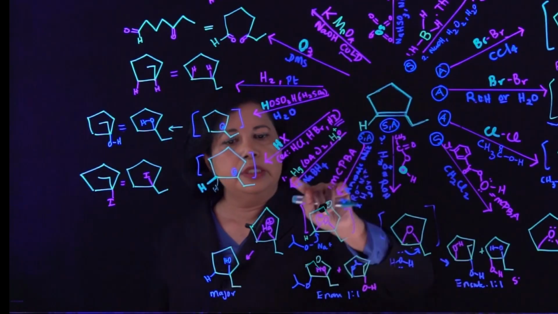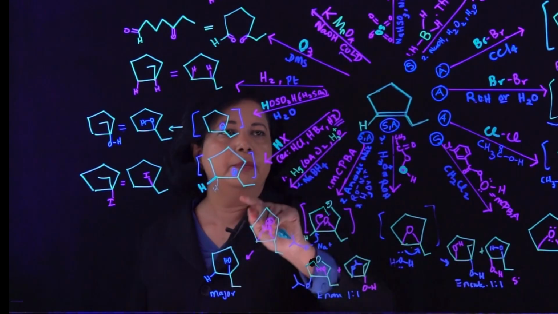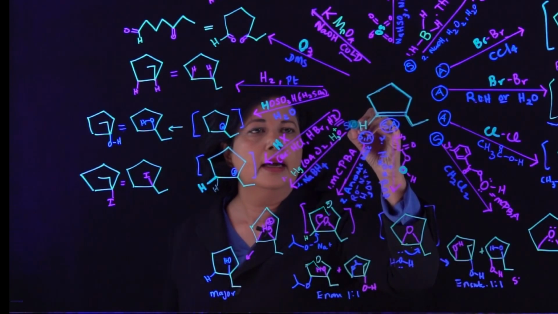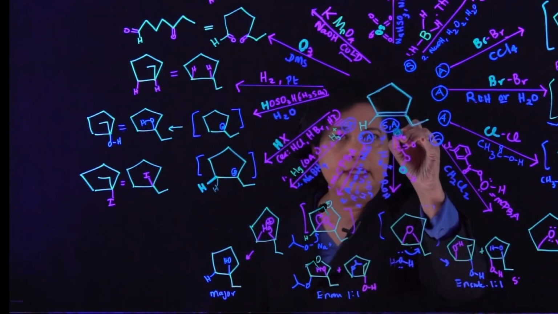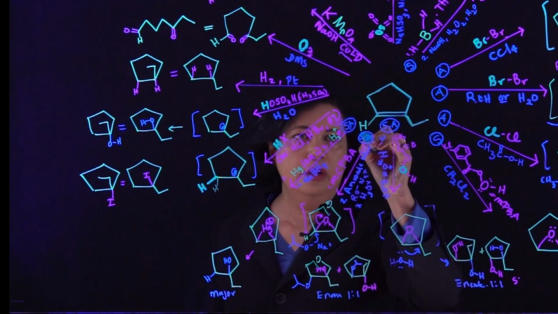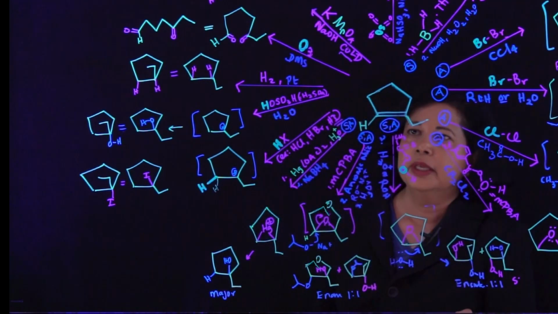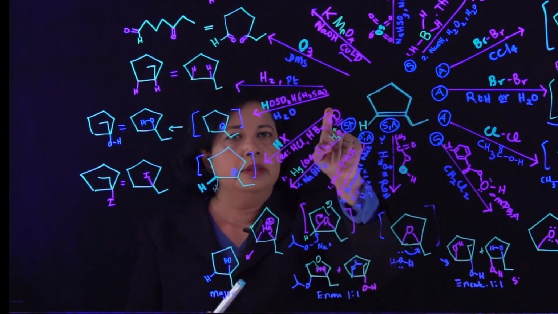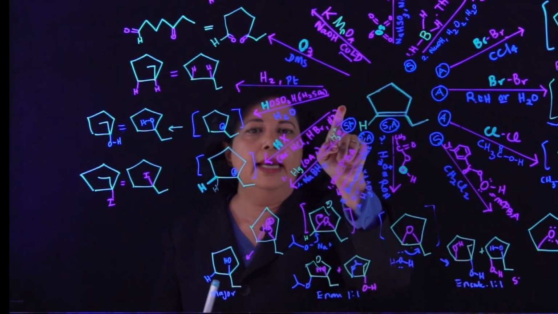Now over here, this is also a syn followed by anti. I know it all looks like we got a lot of South Africa here, SA, but it's actually just syn followed by anti.